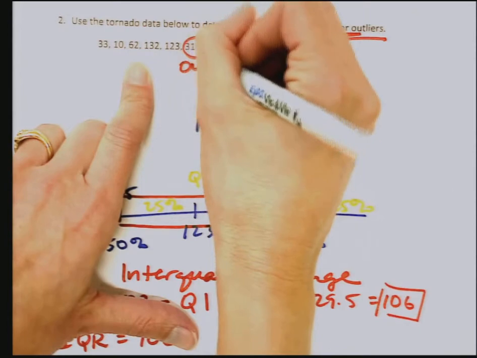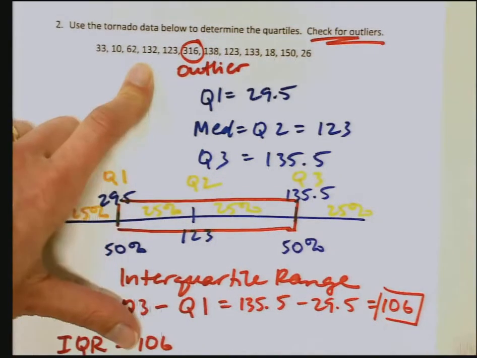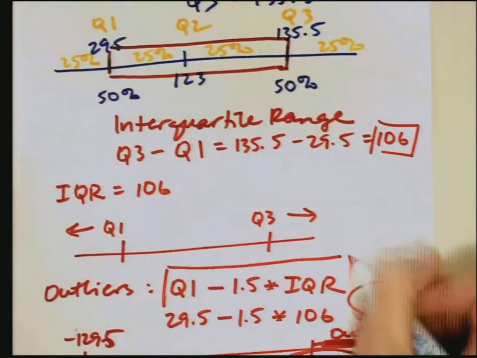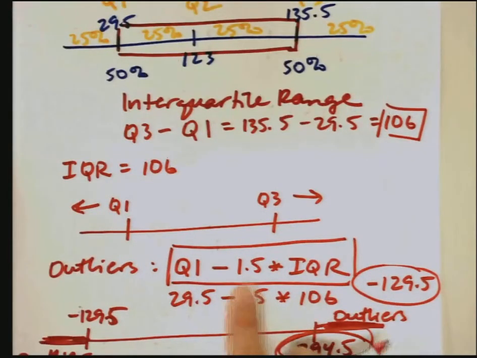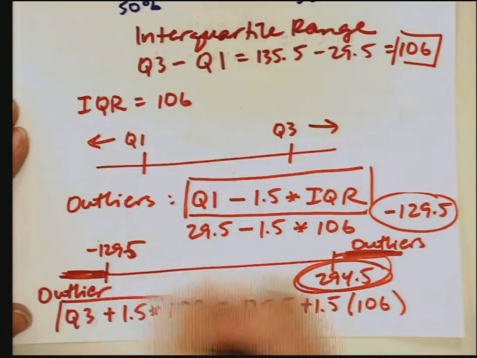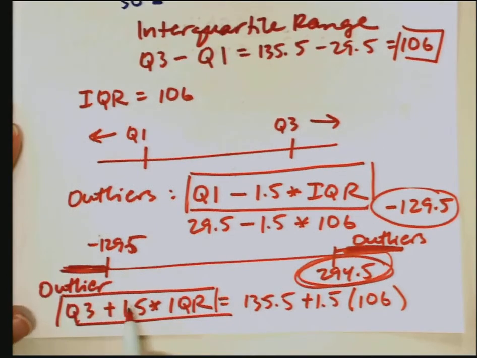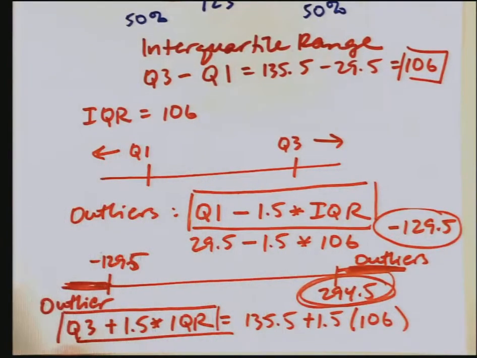So that 316 is an outlier because of that formula. Again, we want to know if there's anything smaller than quartile 1 minus 1.5 times the interquartile range, or anything bigger than quartile 3 plus that value. Okay, so that takes care of that one.